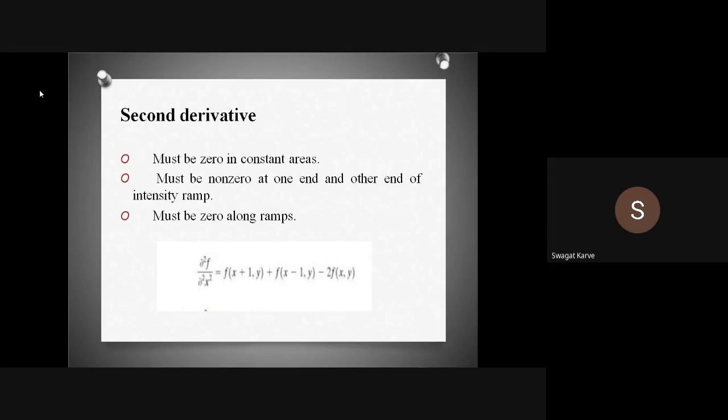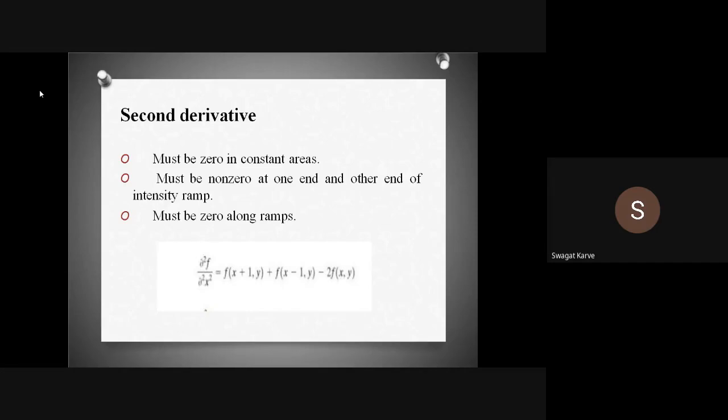The first order derivative produces thicker edges in an image. If you use the first order derivative filter, the output image will contain edges much thicker than the original. The second order derivative filter produces very fine and thin edges in an image.